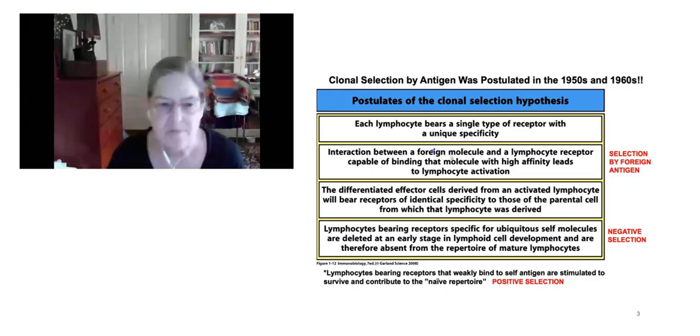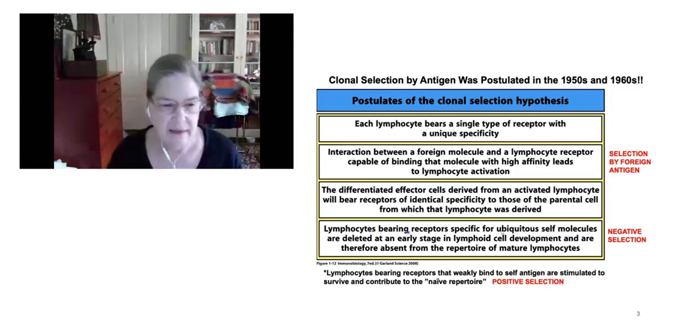So the foreign molecule and a lymphocyte receptor capable of binding that molecule with high affinity leads to lymphocyte activation and differentiation. Differentiated effector cells then derived from those activated lymphocytes will bear the receptors identical to what the antigen bound, which is not completely true, but it's mostly true.